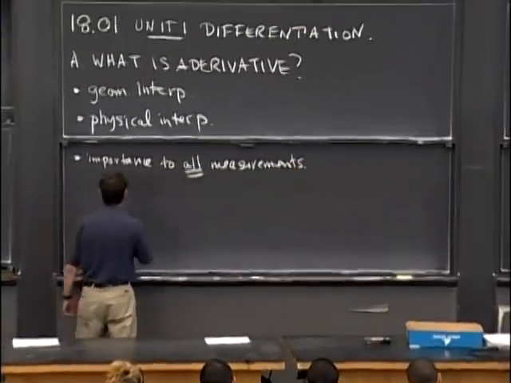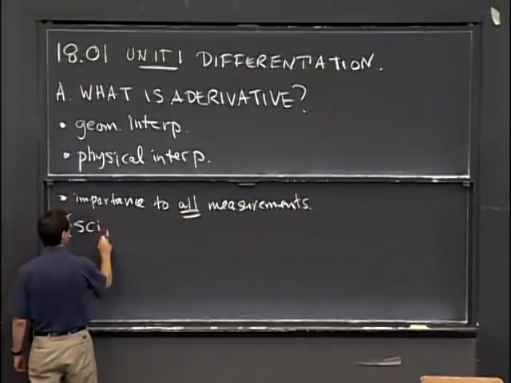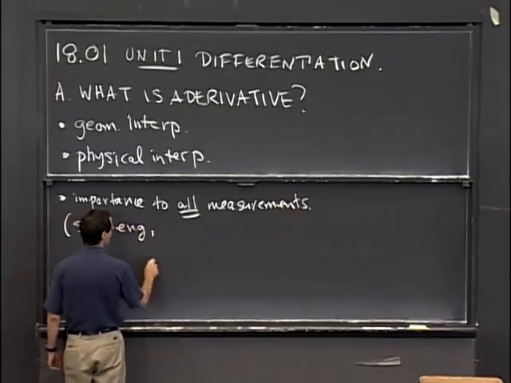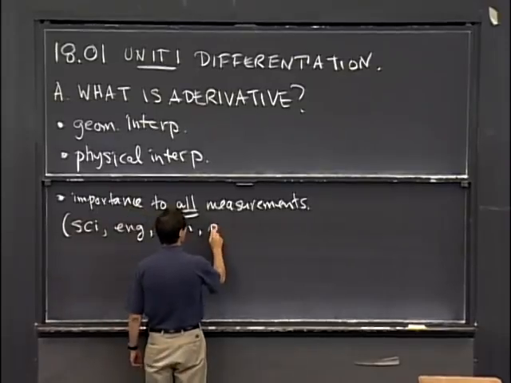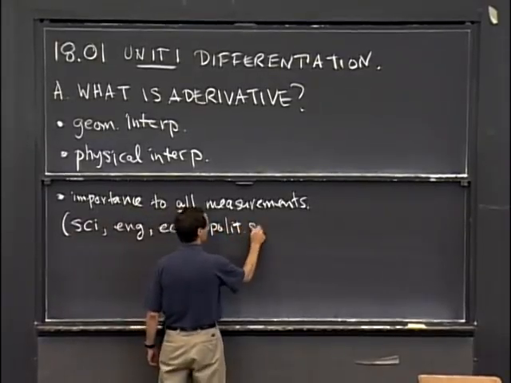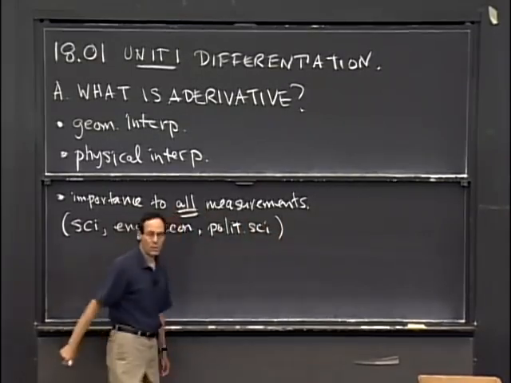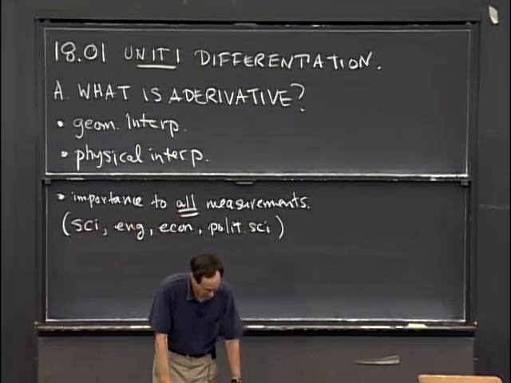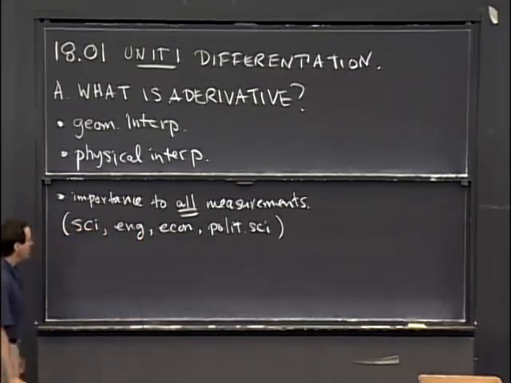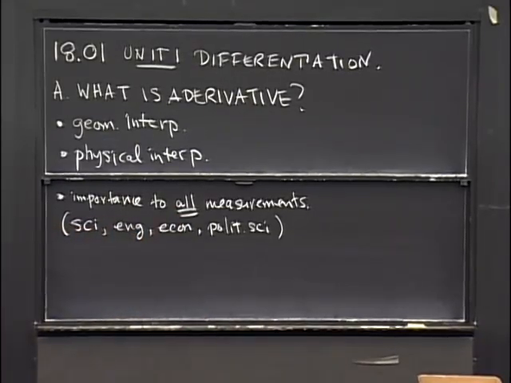So that means pretty much every place. That means in science, in engineering, in economics, in political science, etc. Polling, lots of commercial applications, just about everything. Now, so that's what we'll be getting started with.